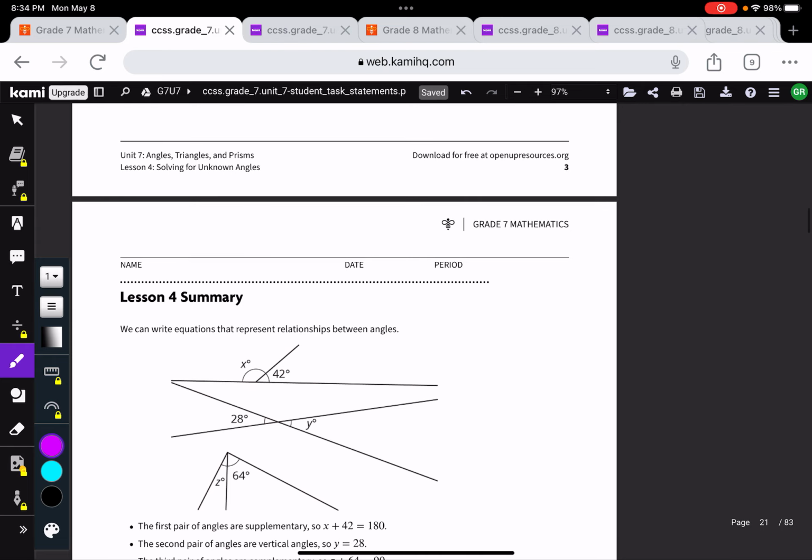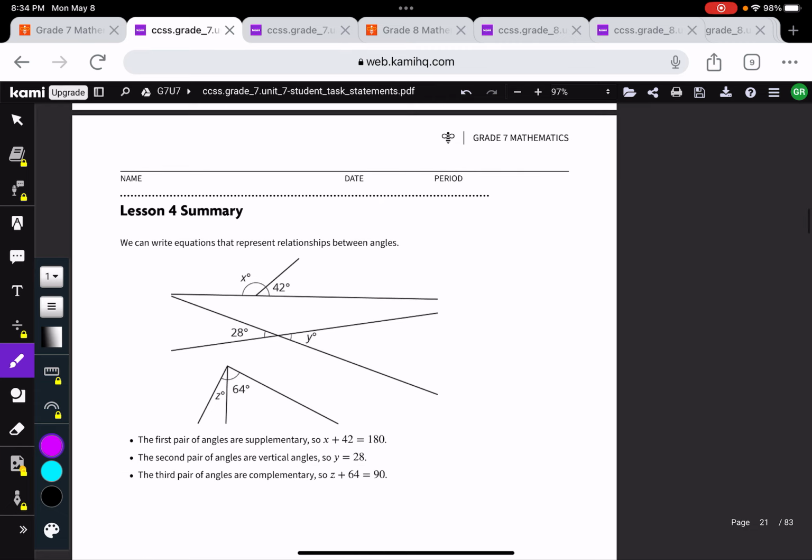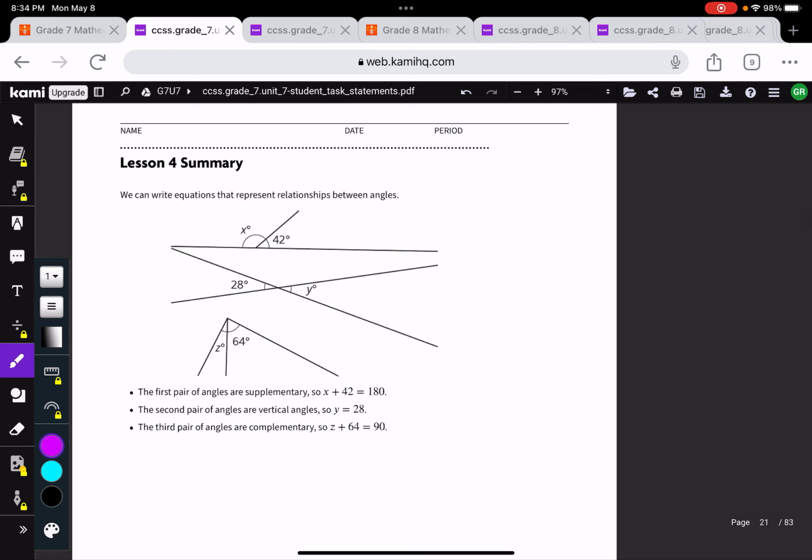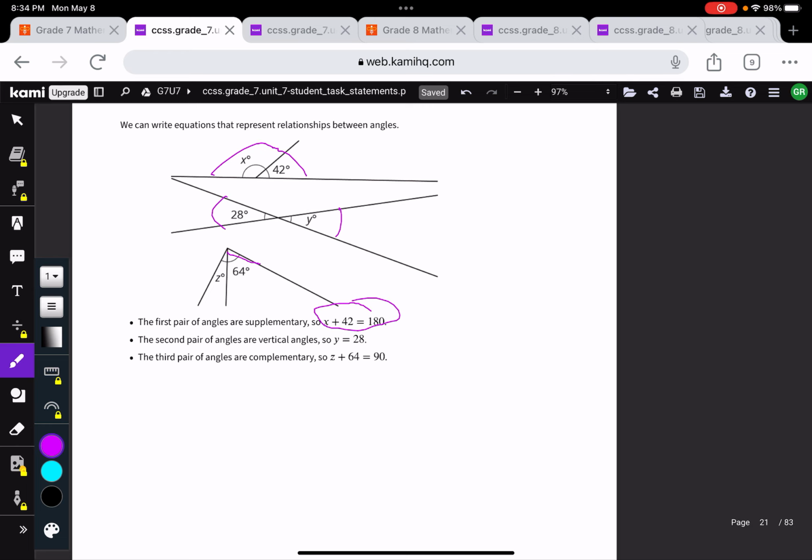So, long story short, and whether you need to write this in your To My Future Forgetful Self or not, I'll leave that up to you. But everything we've been doing, we can put equations to this. We can put unknown variables into all this, such as x plus 42 equals 180, such as 28 equals y, such as if these make complementary, that means they make a perfect square.